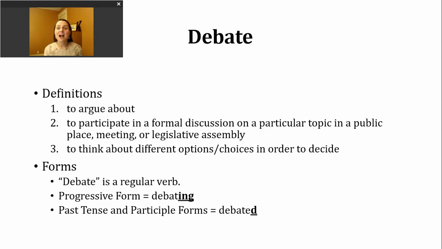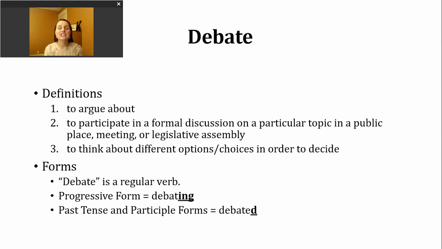So it's very common for candidates for different offices, whether it's president, vice president, Senate, House of Representatives, any state offices as well. It's very common for people running for these offices to debate one another. So you'll see some example sentences of that a little later too.